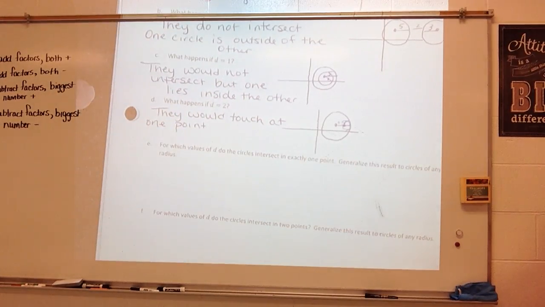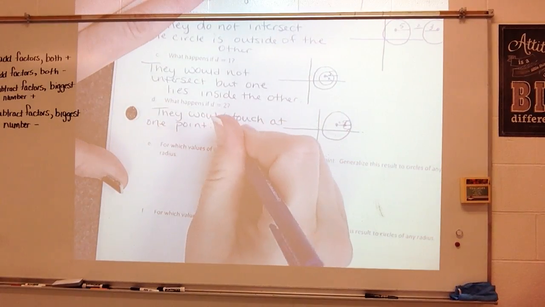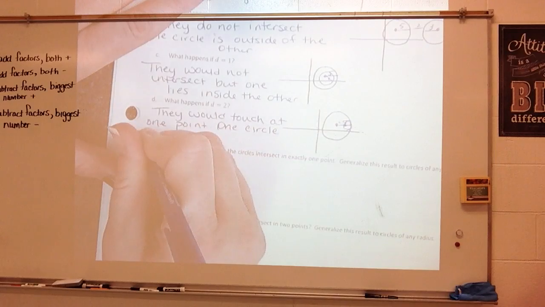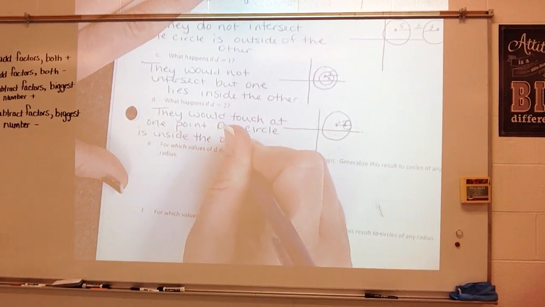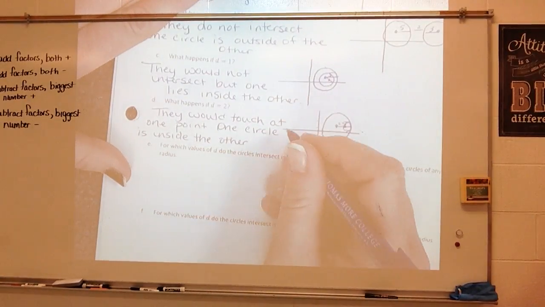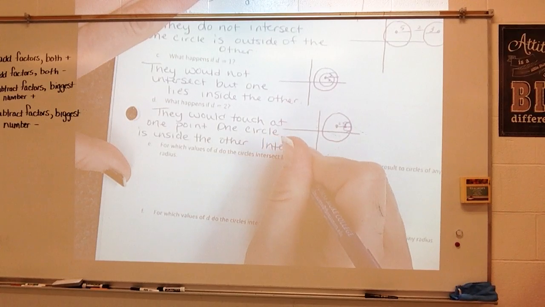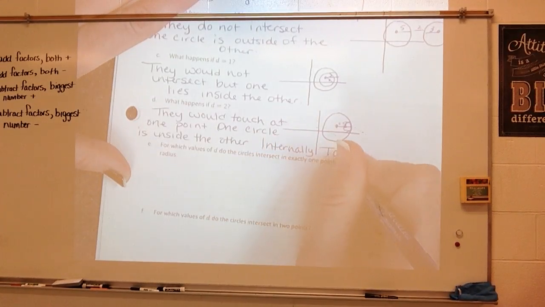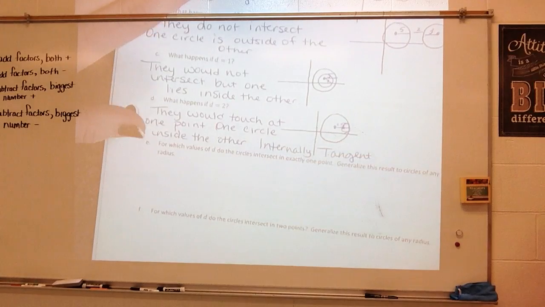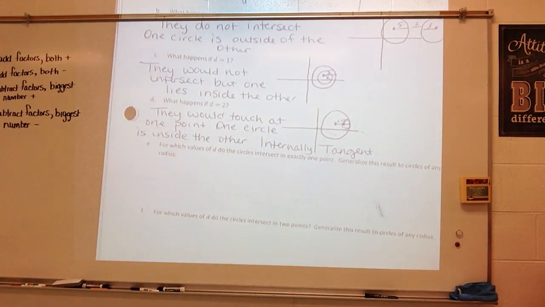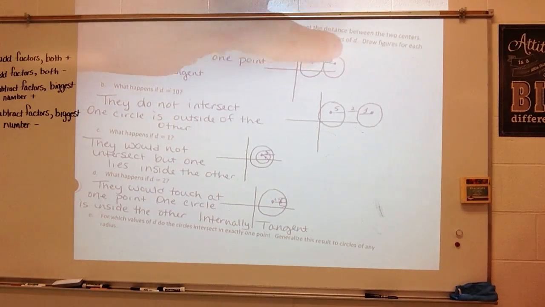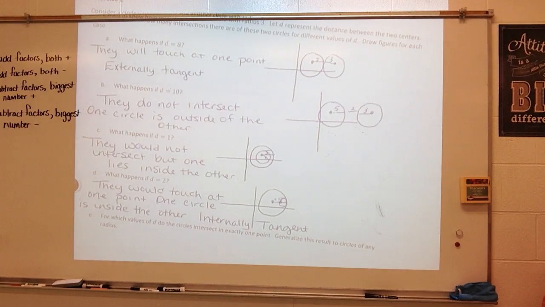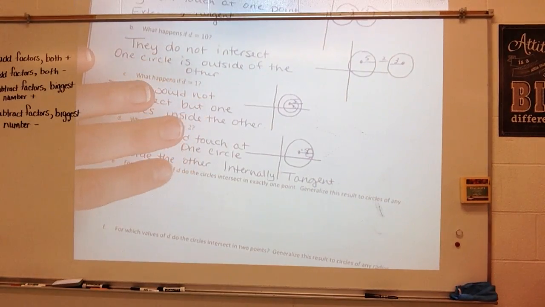In this case, because one circle is inside the other, and they touch at 1 point, we call this internally tangent. Up here, remember, they were side by side and they touched at 1 point, so we call that externally tangent. Alright?